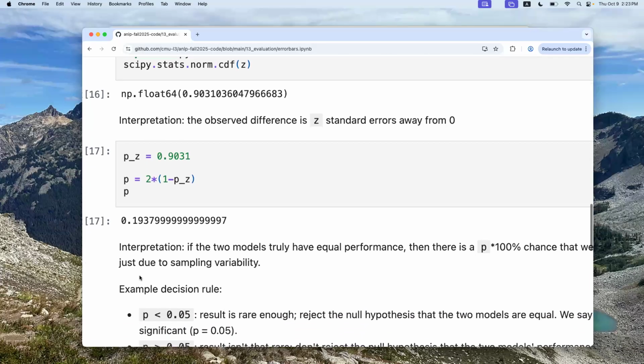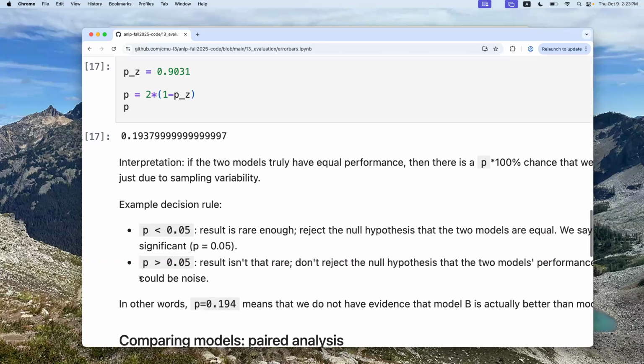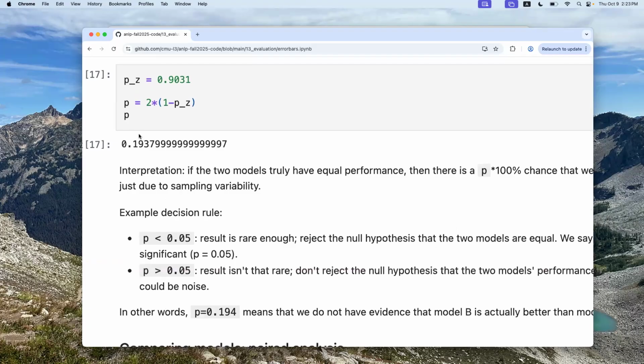And so the interpretation is that there's actually roughly a 20% chance that we saw this difference just due to randomness. And it kind of makes sense because we know we made the data ourselves. We know that the means are actually equal. And if you run the code multiple times, then roughly every 5 times you'll maybe see a big difference.